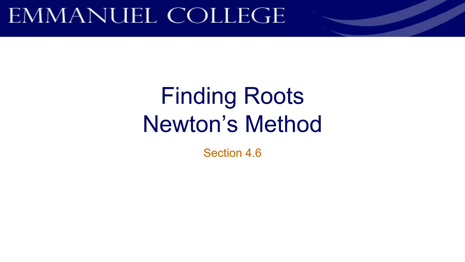All right, today we're going to do chapter 4.6, which is a very interesting application of derivatives, and it's referred to as Newton's method. It's a great way for discovering roots of polynomials or just other functions and trying to get really good estimates.